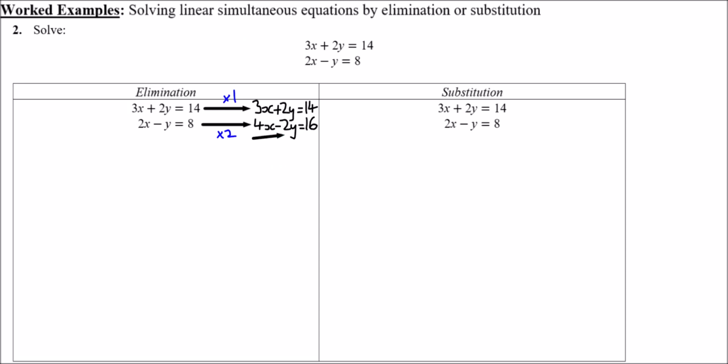We add when the magnitudes are the same and the signs are the opposite. If the signs were the same, if we were both positive 2y, we'd subtract one from the other. But because both are different signs, we add them. So here, I'm just going to make a note of what we're doing. So here we're going to add both equations.